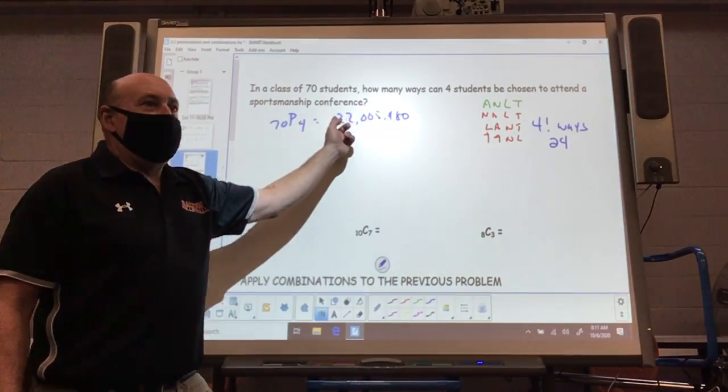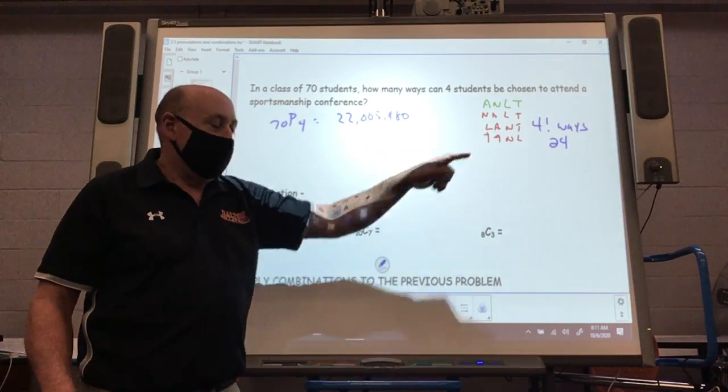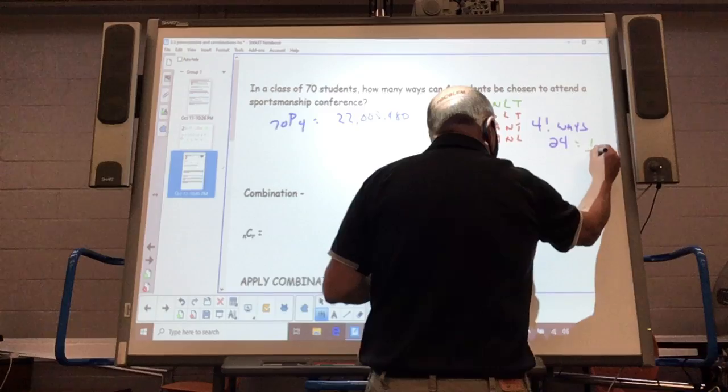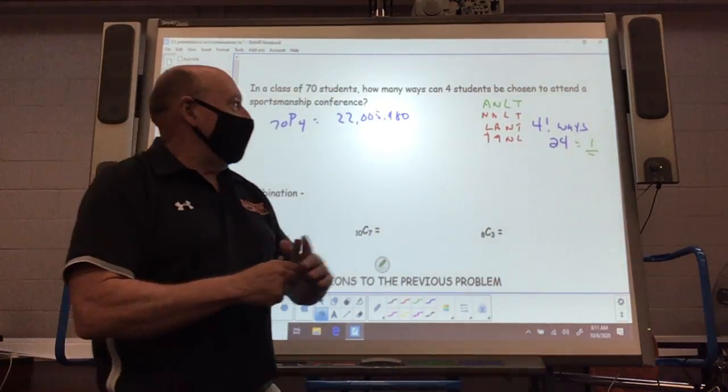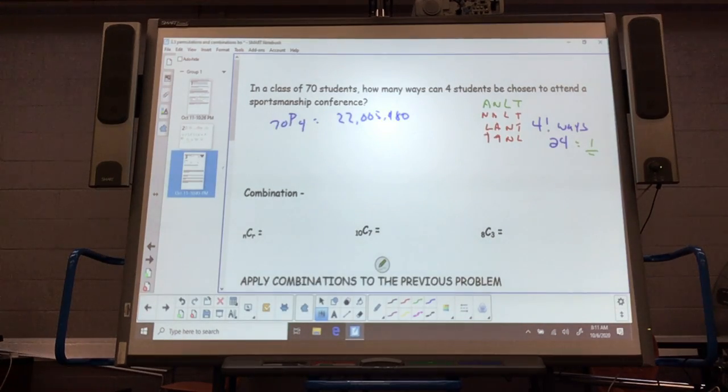Within this right here is all 24 of those ways. What we are saying in this situation is that this is just equal to one way, because these four people still get to go. No matter how they're arranged, those four people still get to go. So it's still only one group of people.